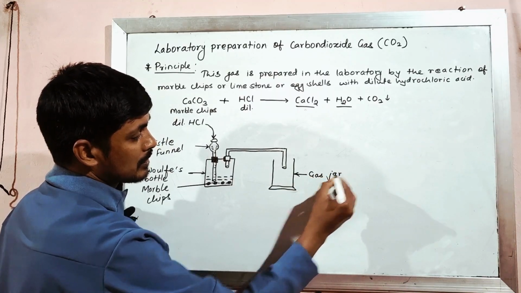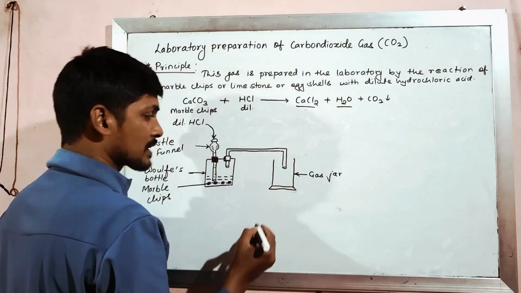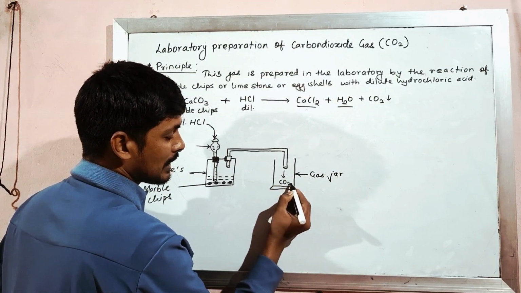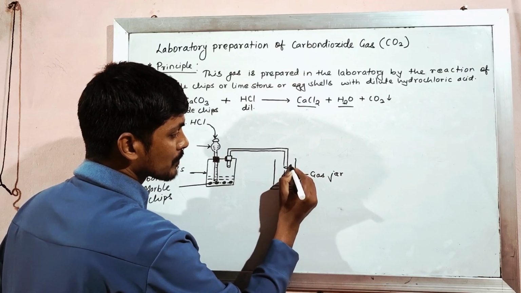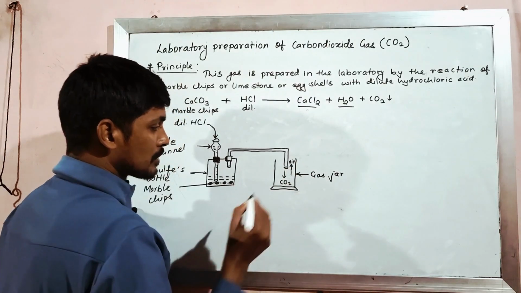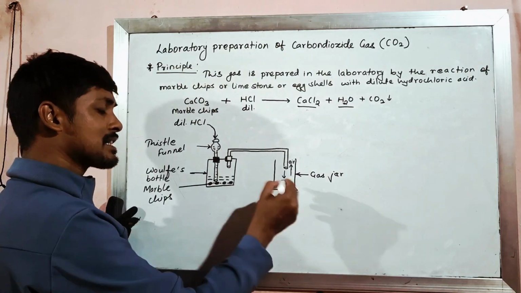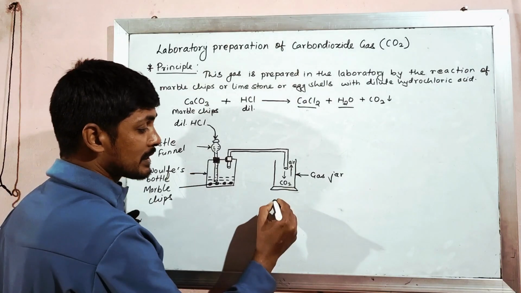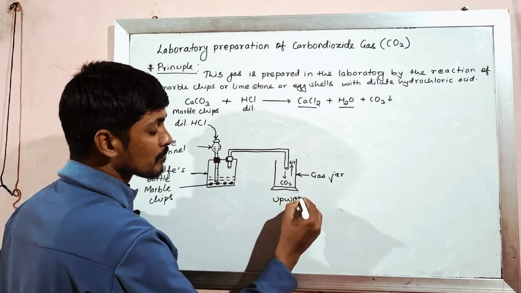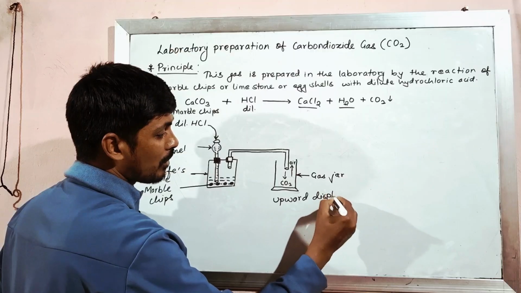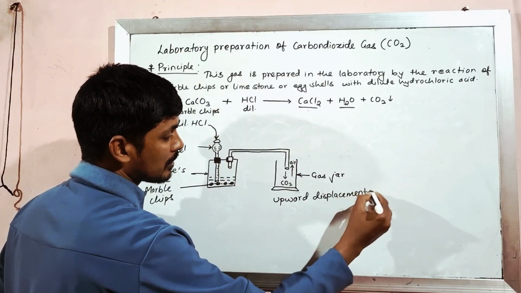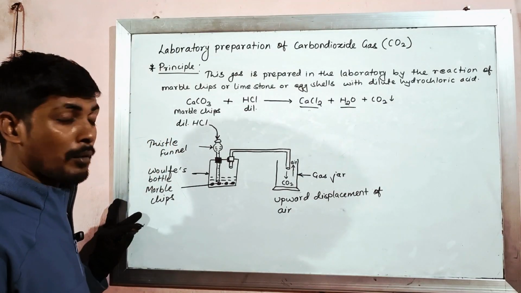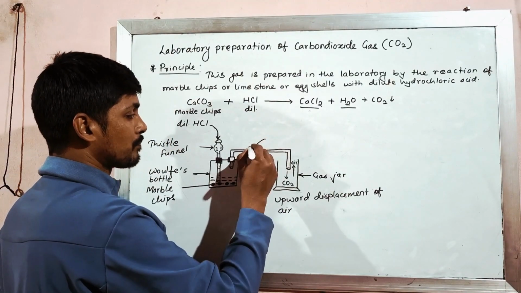When it comes into the gas jar, it settles down and pushes the air upward. As carbon dioxide is heavier than air, we call this upward displacement of air. Carbon dioxide gas is collected in the gas jar by upward displacement of air.